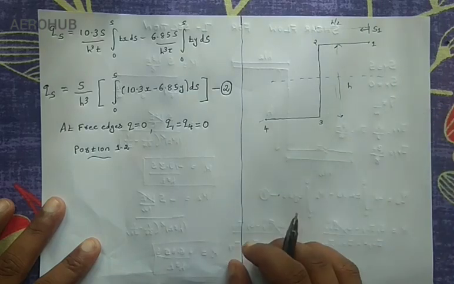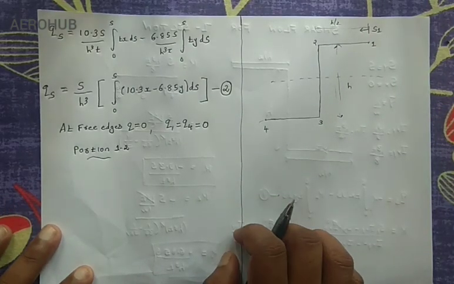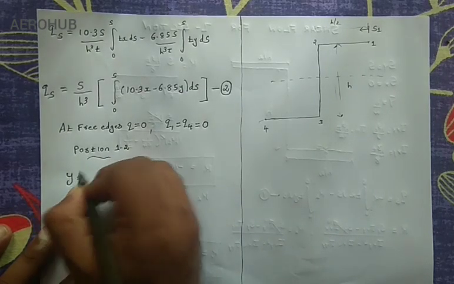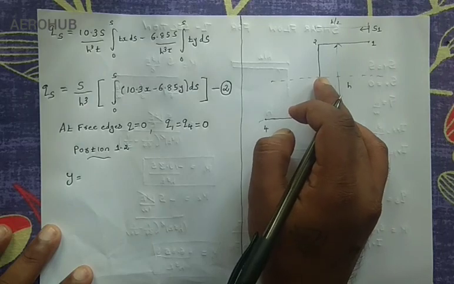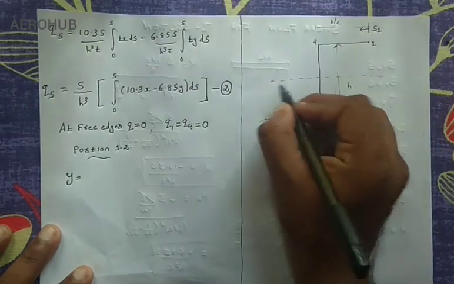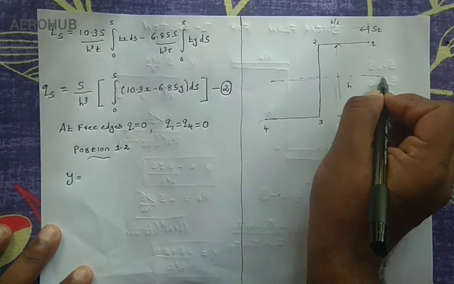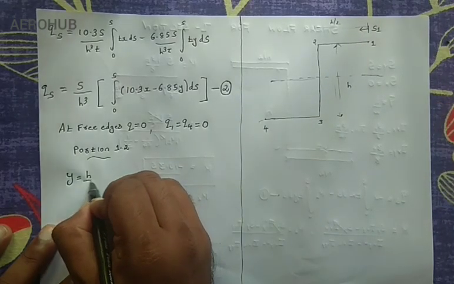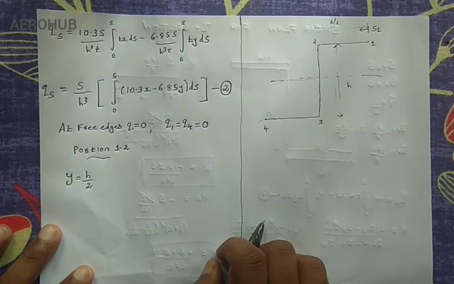Now for portion 1-2, the value of y is always a constant. Portion 1-2 is h by 2 distance from the centroidal axis, drawn here in dotted line. Y is h by 2 distance from the axis system.